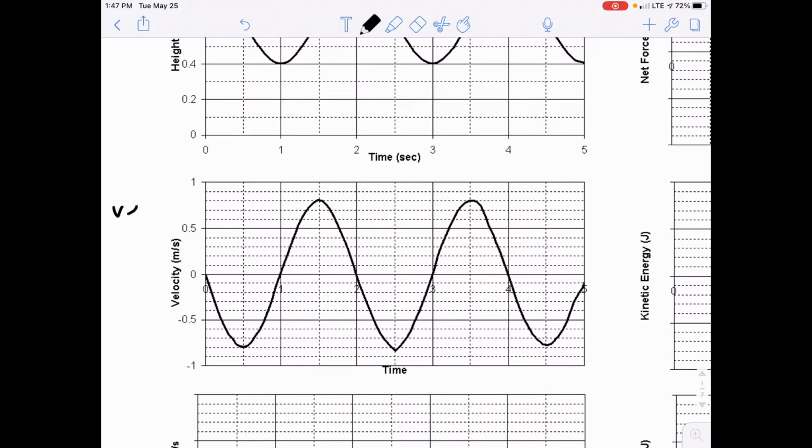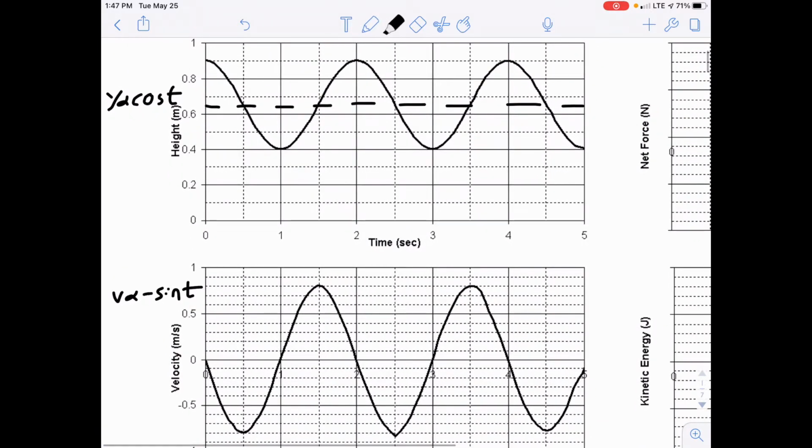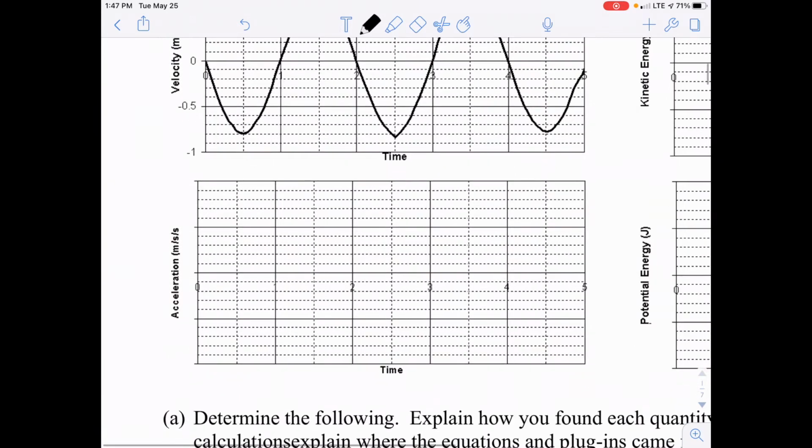So velocity is proportional to negative sine. And if you remember the pattern associated with simple harmonic motion graphs, we alternate between sine and cosine. First we have cosine, then we have sine. That means the acceleration function is going to be proportional to a cosine function yet again.